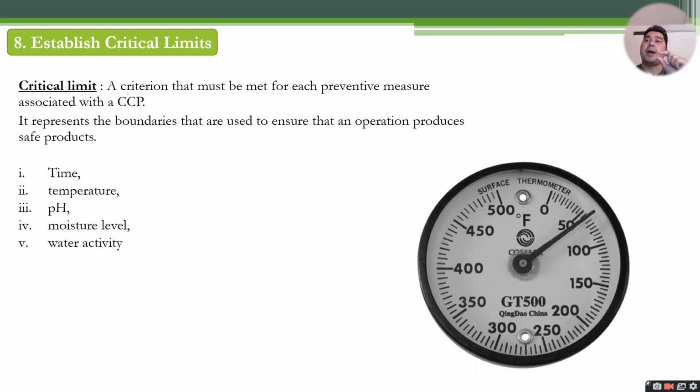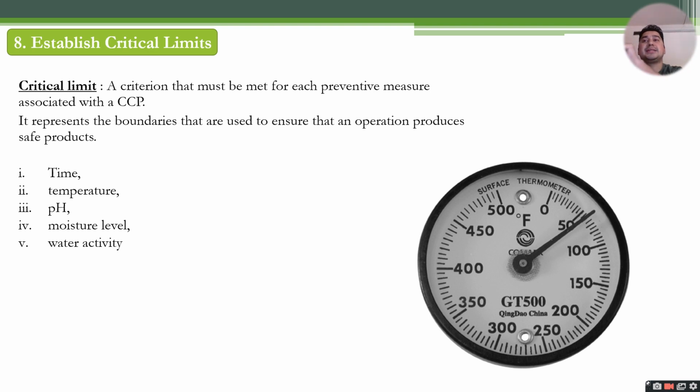Let's say my cooking temperature is 75 degrees Celsius. So 75 degrees Celsius is the critical limit. That draws a line saying that 75 degrees Celsius is acceptable. Below 75 degrees Celsius, 74 degrees Celsius, the temperature is not acceptable.